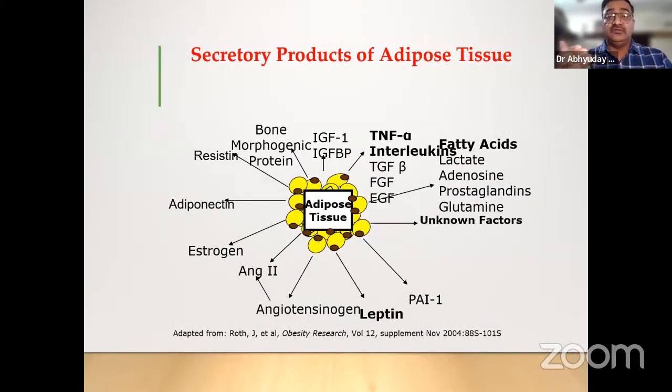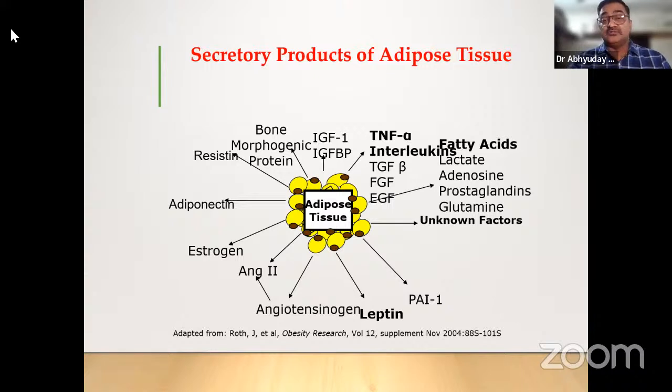Adipose tissue is now one of the biggest endocrine organs in the body, producing various hormones. You can see here a lot of things are produced by the adipose tissue: bone morphogenetic protein, IGF-1, IGFBP3, pro-inflammatory cytokines, TNF alpha, TGF beta.